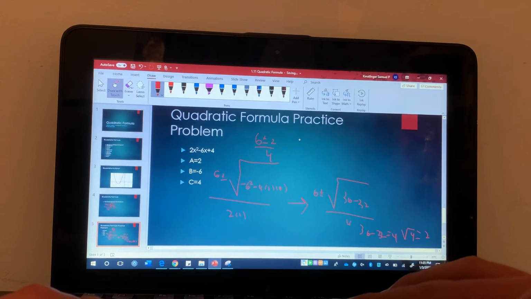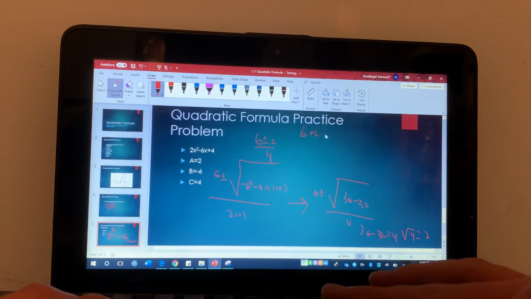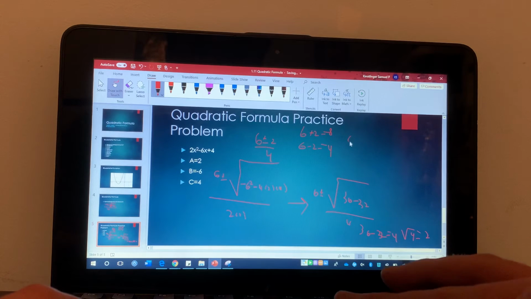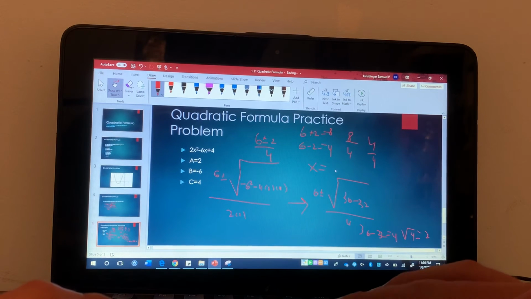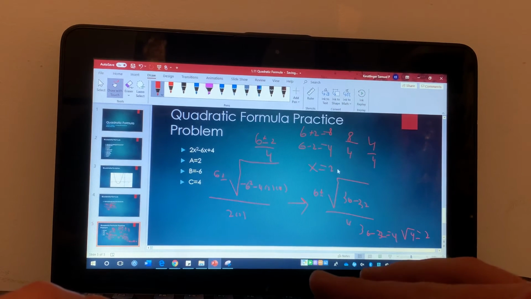So 6 plus 2 equals 8, and 6 minus 2 equals 4. That's the same as 8 over 4 and 4 over 4. Now we'll put our zeros: x equals 8 over 4, which equals 2, and 4 over 4, which equals 1.